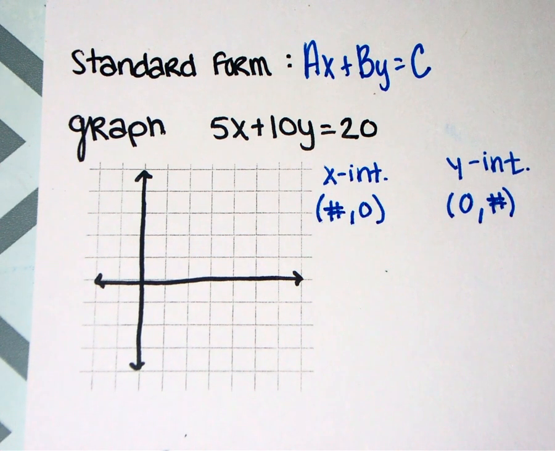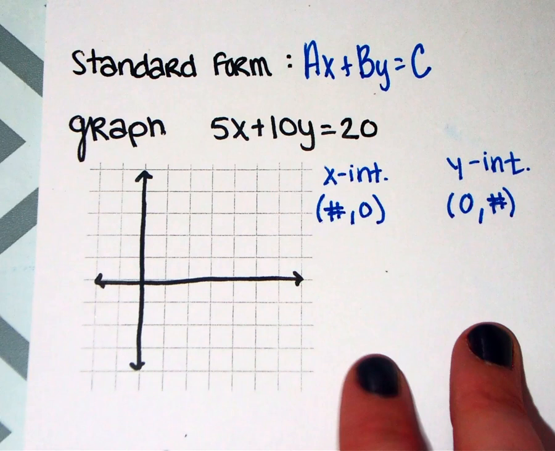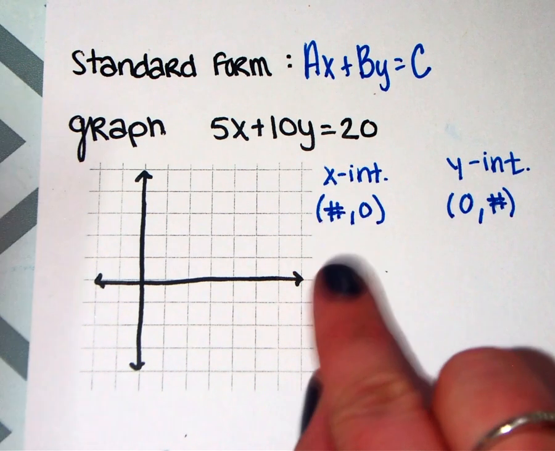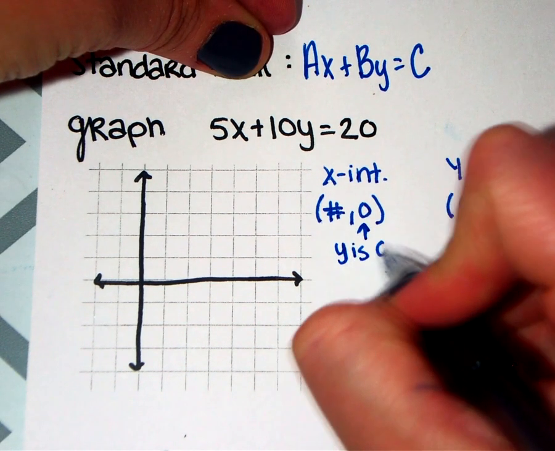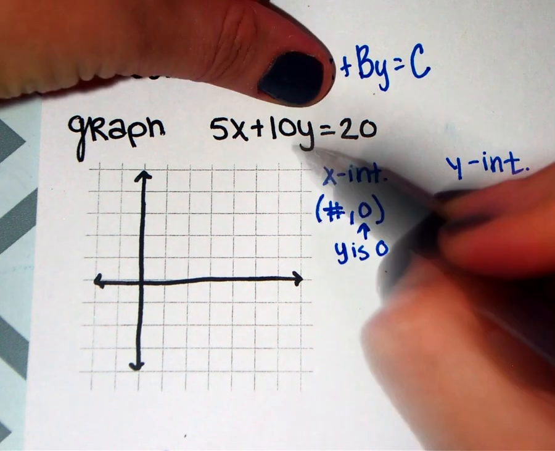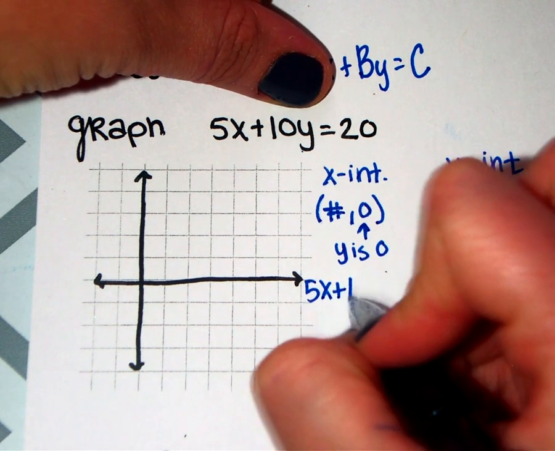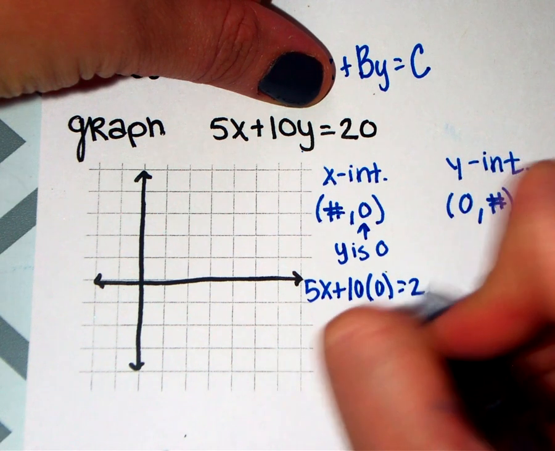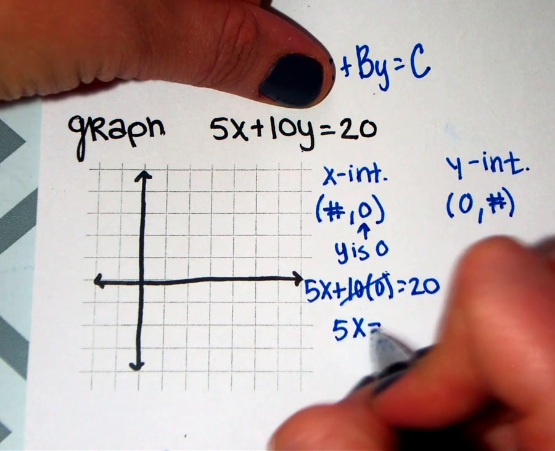All you have to do is substitute 0 two different times. So x-intercept, that is when the y value is 0. So what that means is if I plug in 0 here, 5x plus 10 times 0 equals 20. 10 times 0 is just 0, so it now becomes 5x equals 20.